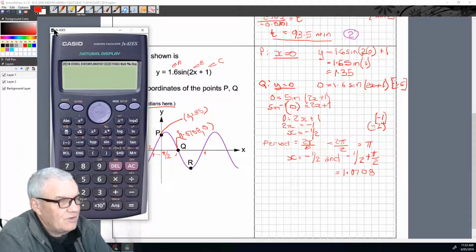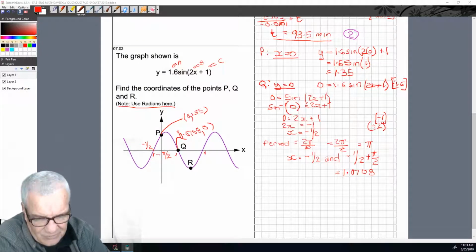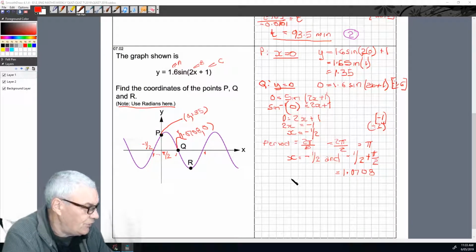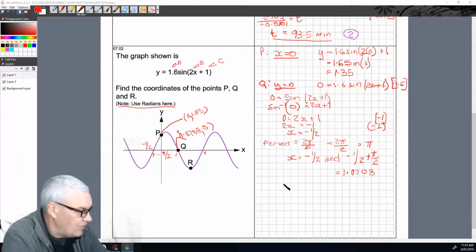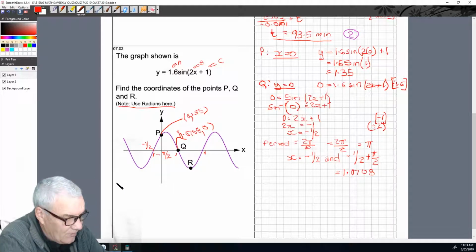All good. Which leaves us now with R to find, and I'll start R over here just to give me plenty of room.